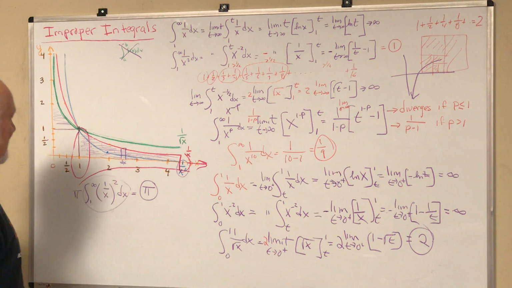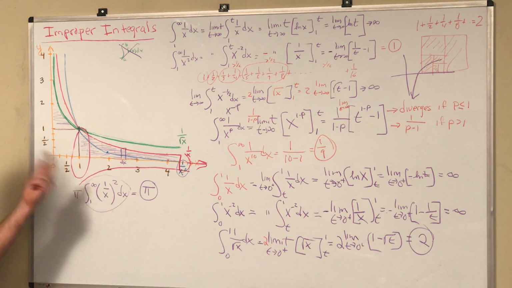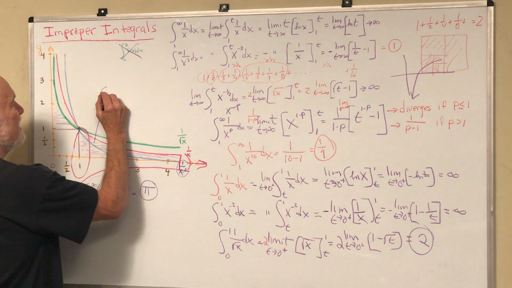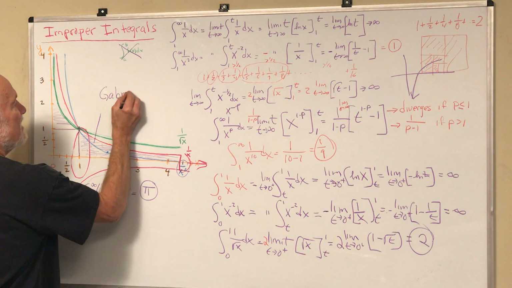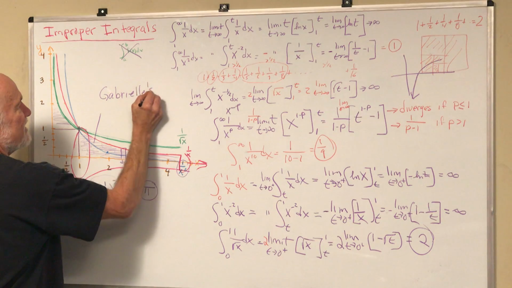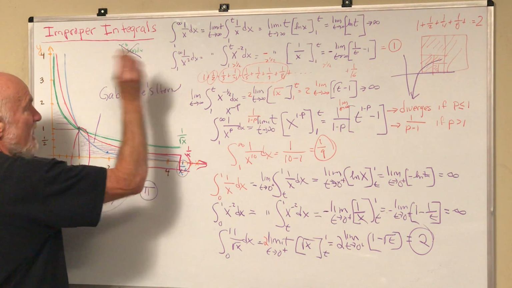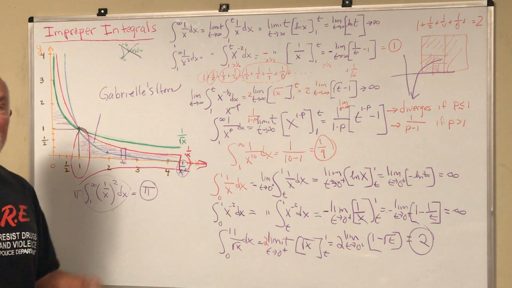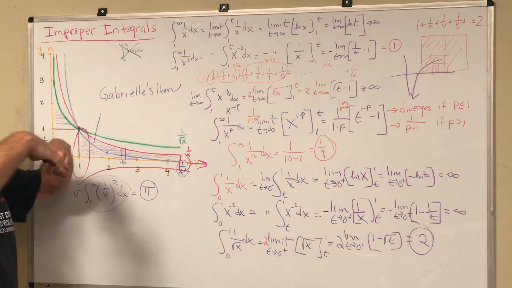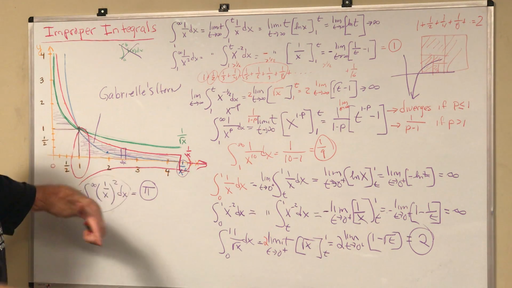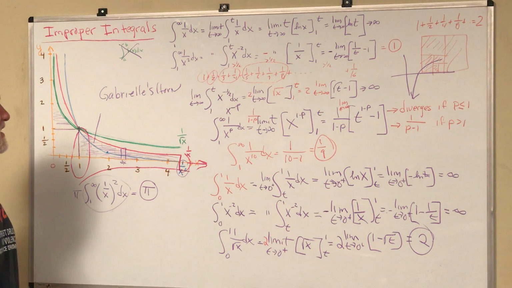And this horn has become very famous. It's called Gabriel's horn, named after the archangel in the Bible who was dealing with connecting the finite world to the infinite world.